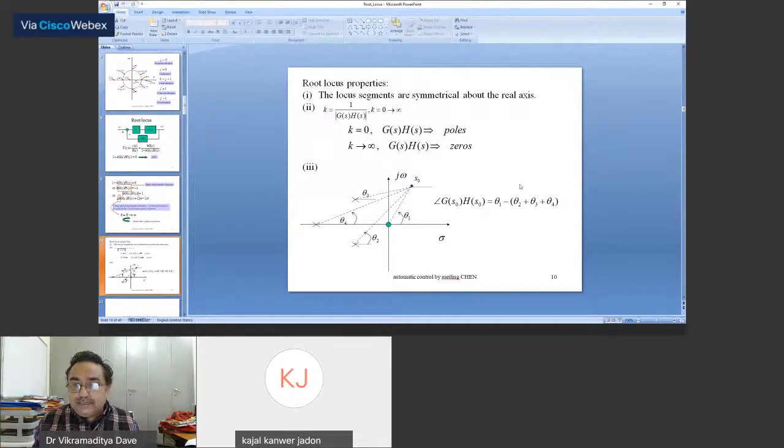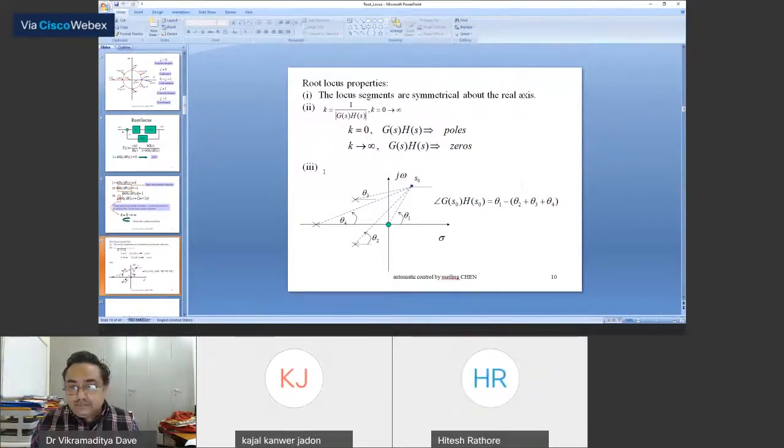Now, the third thing is how to find out the angle. Suppose there are three poles, 1, 2, 3. Three poles are there, and I choose a point S naught. And there is a zero also. Mind it, in this third property I have three poles plotted and a zero.